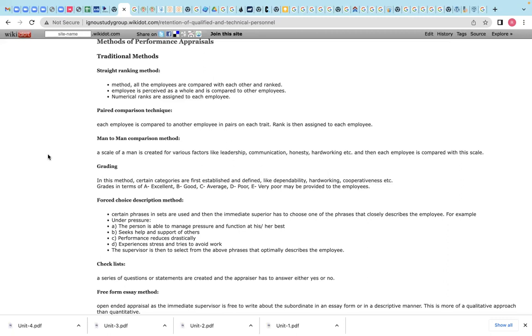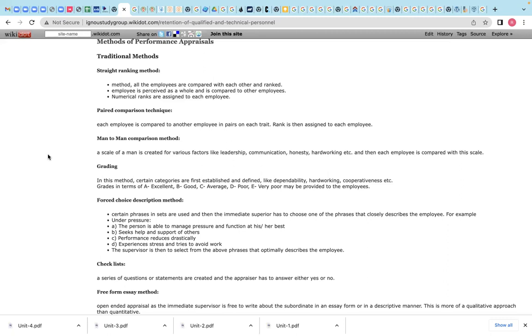Next is man to man. Here, there is something called a scale that you establish. Say everybody needs to fix 10 defects. Now I'm going to compare your performance, whether you met the 10 defects or not. So there is a scale, and based on the scale, you rate it.